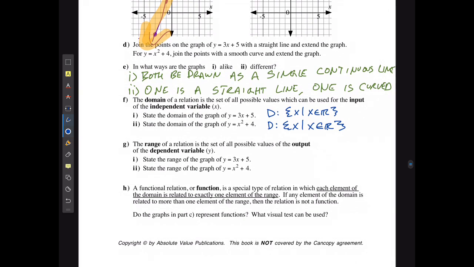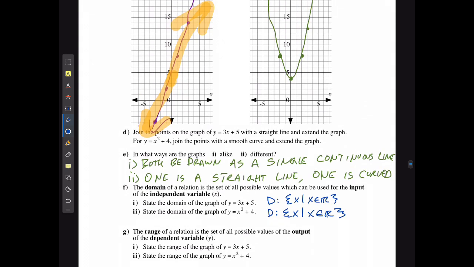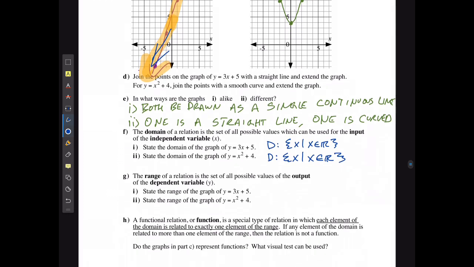If we're looking at the range, for the first one, y keeps moving down, y keeps moving up, which means that the range of this is going to be y, where y can be any real number.